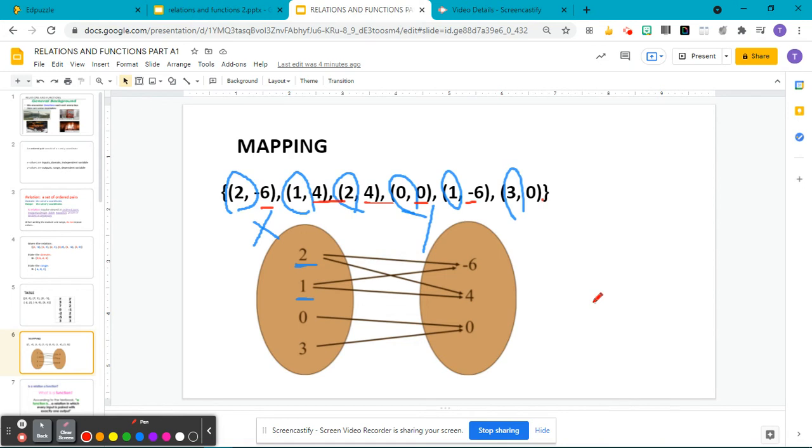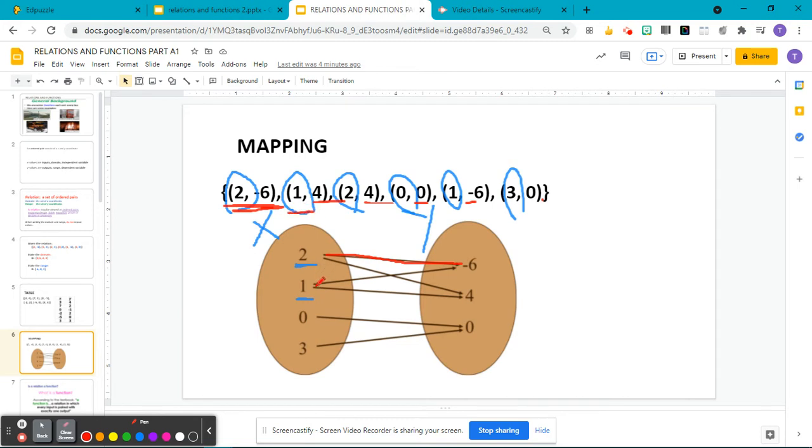Now, here's the thing about a map. A map is just like what you would see on any kind of map. It's going to draw arrows to show you direction. So my first ordered pair was 2, -6. So here's my 2, and I'm going to take my arrow and draw to -6. That tells me I have the ordered pair 2, -6. 1, 4.